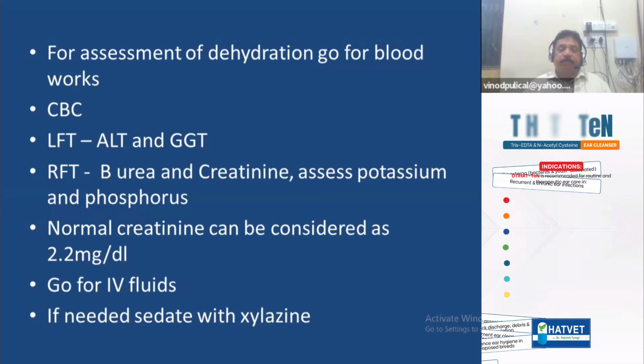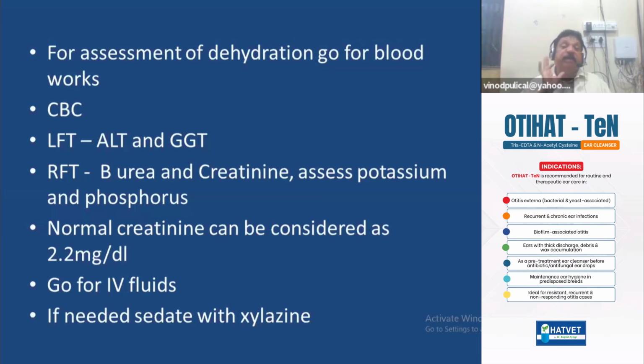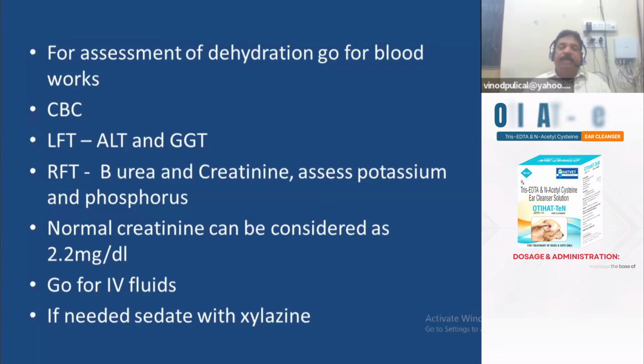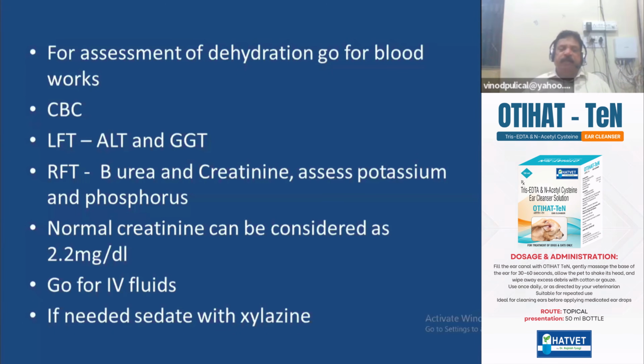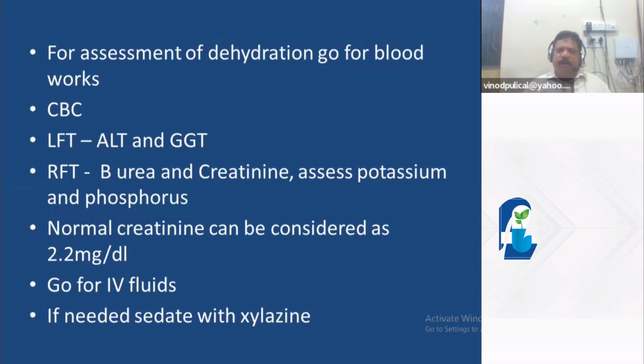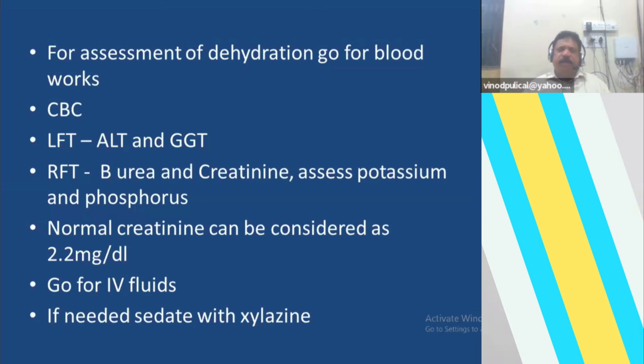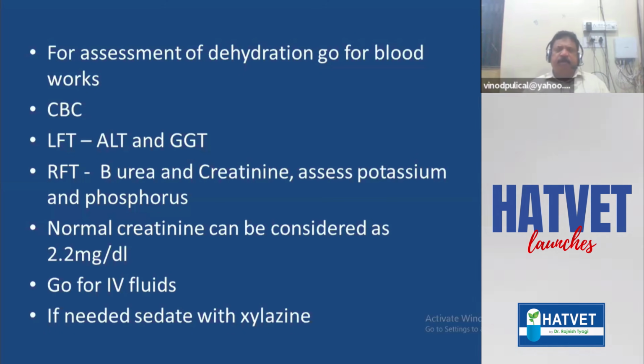And there will be easy fracture of the mandible during that time in CKD of felines. And the normal creatinine level can go up to 2.2 milligram per deciliter, even up to 2.5 milligram per deciliter. It can be considered as normal.